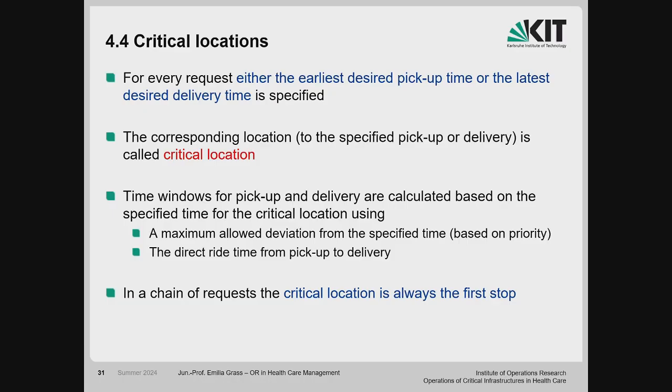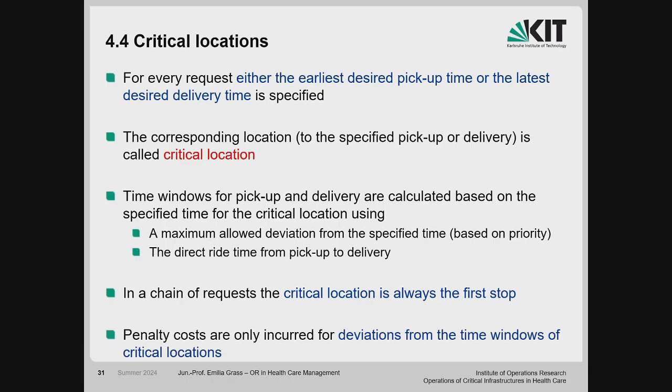Then we have penalty costs, but these are only valid for deviations for the critical locations. So actually, only the time critical appointments are relevant, and we would like to avoid some kind of deviations from that.